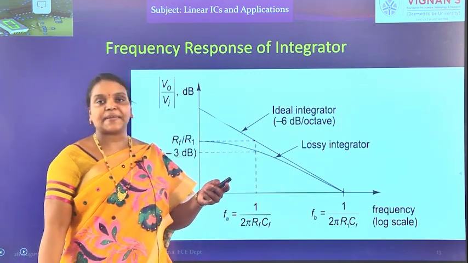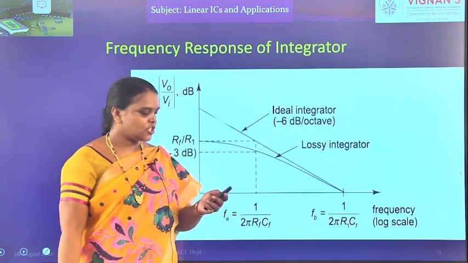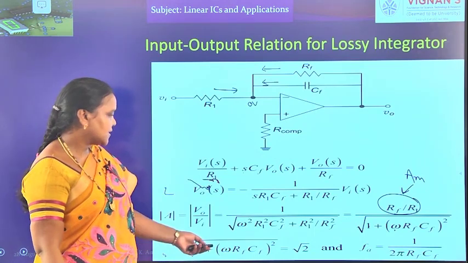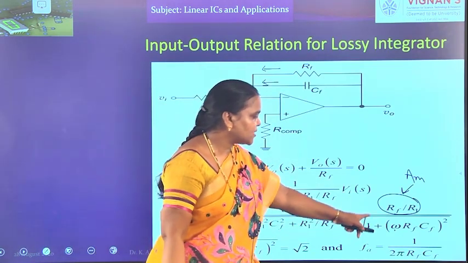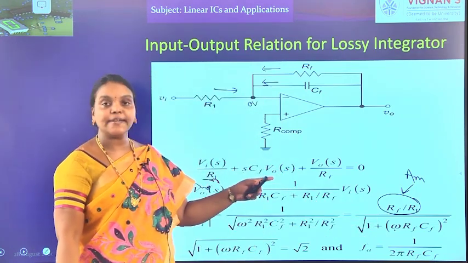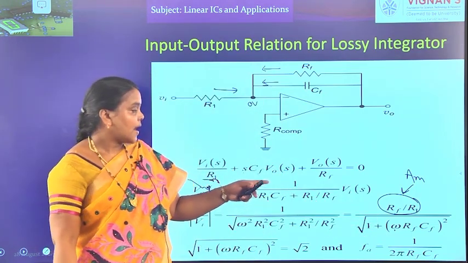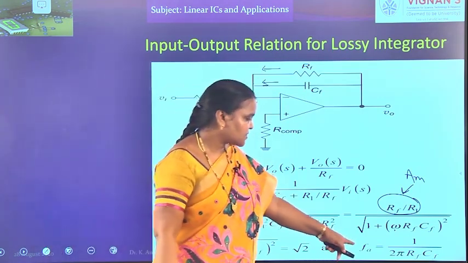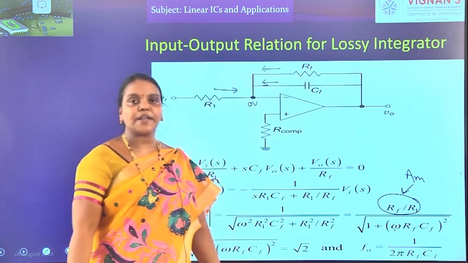And now coming to the practical integrator circuit, just now we have seen the derivation. So, what is the gain? Maximum gain by square root of this. So, what is the maximum gain? It starts at Rf by R1, and what is the cutoff frequency here? 1 by 2 pi Rf Cf.